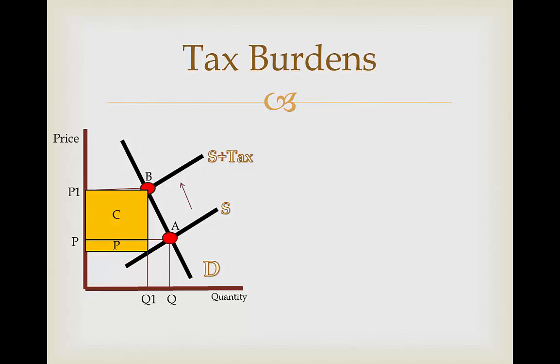Then we draw another box between P and the first supply curve, and this is the effect on the producer. What we can see from this is that on an inelastic demand curve, the consumer has to pay most of the burden of the tax, and the producer has to pay very little. So when a tax is implemented on a good that has inelastic demand, most of that increase in cost is passed on to the consumer.